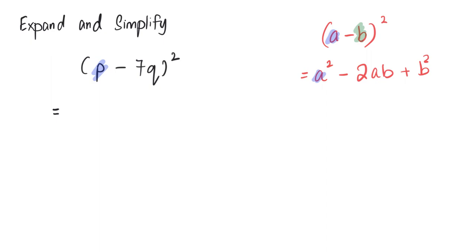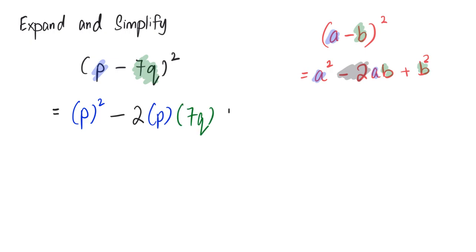So my b, and just substitute nicely in. And therefore you will see me writing p bracket square minus 2. Why got minus 2? Because in this formula there is minus 2 times p times b, in this case 7q, plus my 7q square.